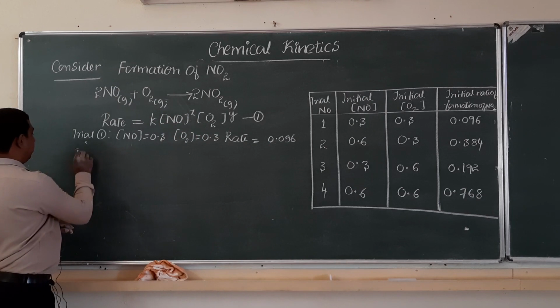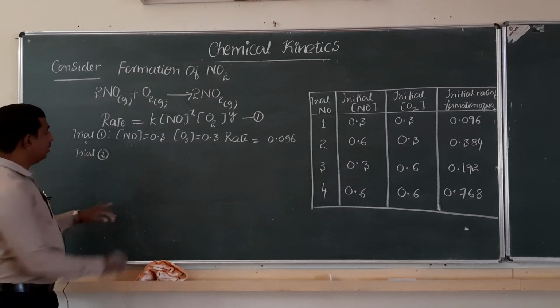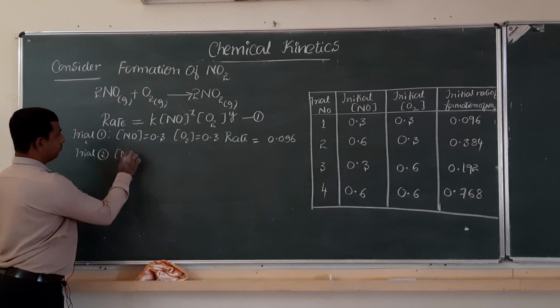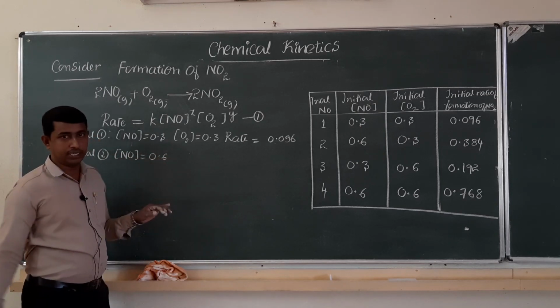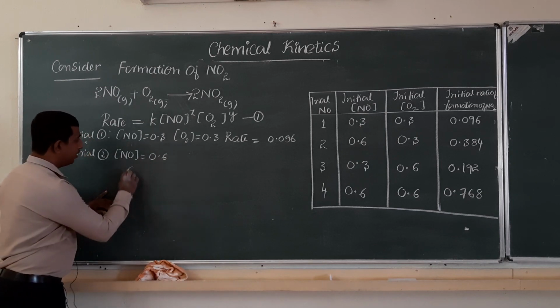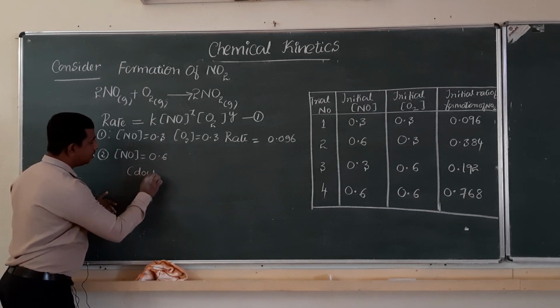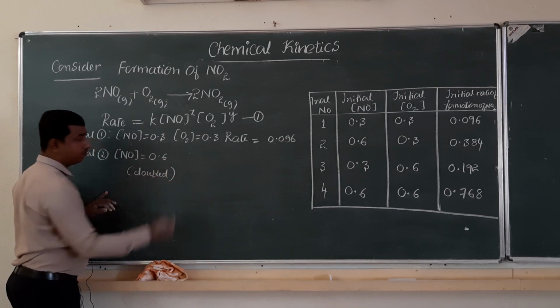See the second trial. Concentration of NO, now it is equal to 0.6. 0.6 means concentration of NO has been doubled.